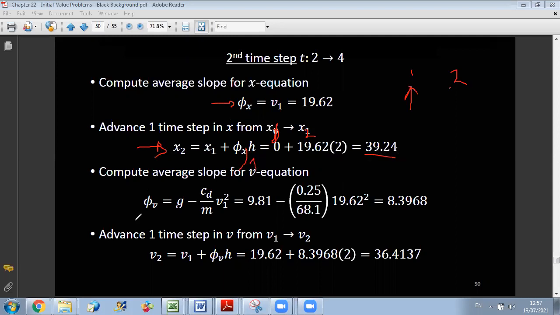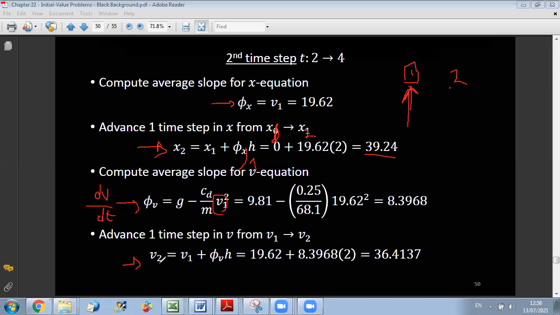I will do the same procedure now to compute v2. I should find the slope dv by dt by replacing in the v prime equation, which is the second equation I have. I will replace v by v1, because the slope that should be evaluated is at point 1, which is the beginning point of my updated interval.